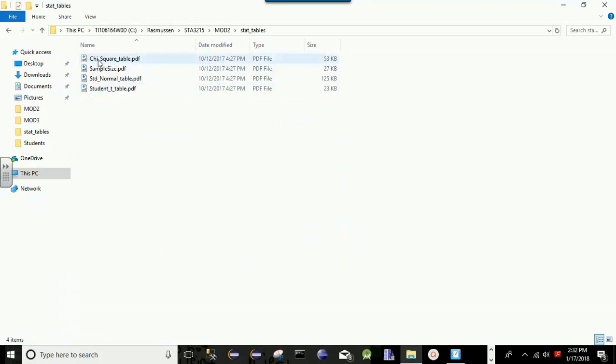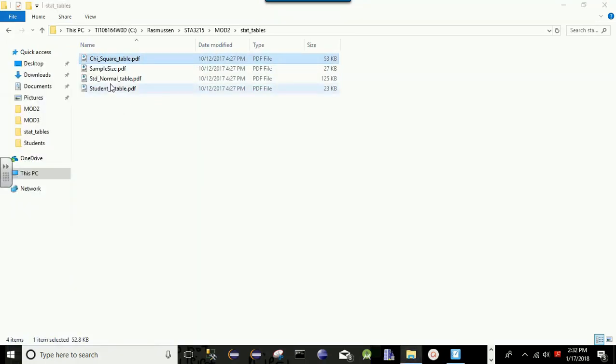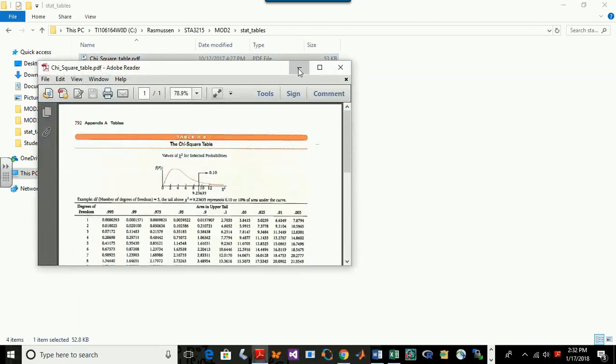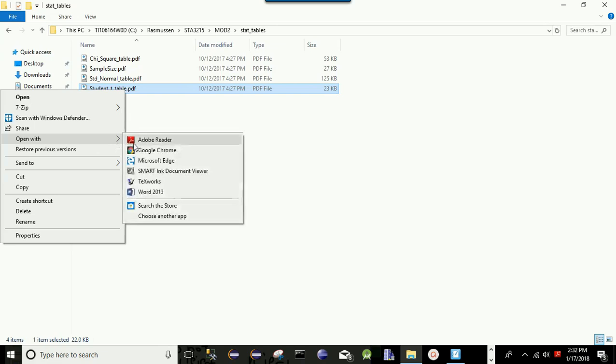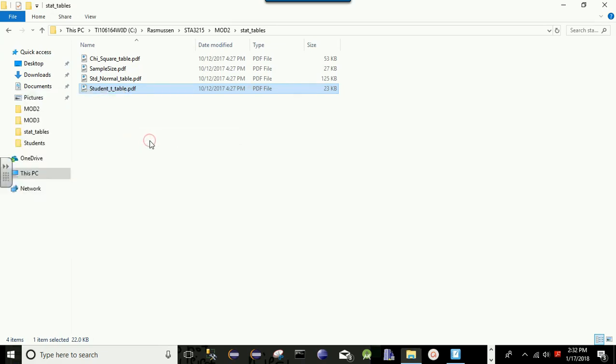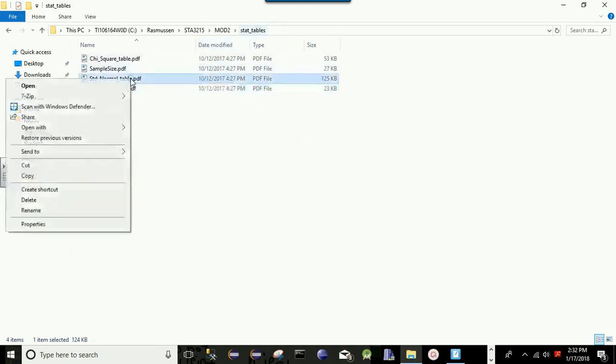I'll go ahead and open up all of them. That's my chi-squared table. I want the standard normal table, and I'll open up my student t table since we'll be working with that as well. Okay, and then my standard normal table.